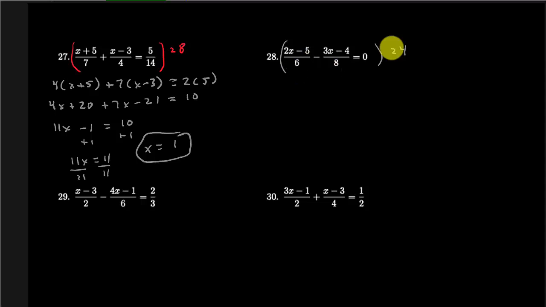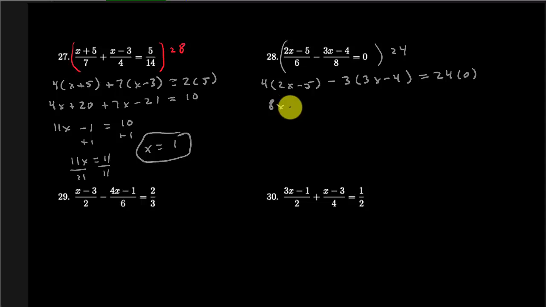All right, 6 goes into 24 4 times. So that's going to be 4 times (2x minus 5) minus, and then 8 goes into 24 3 times, so minus 3 times (3x minus 4), and then 24 times the 0.